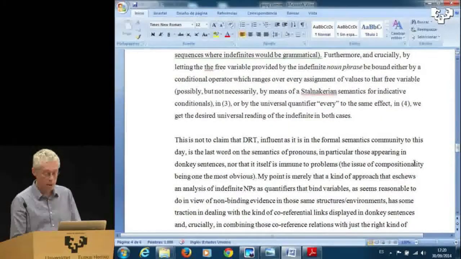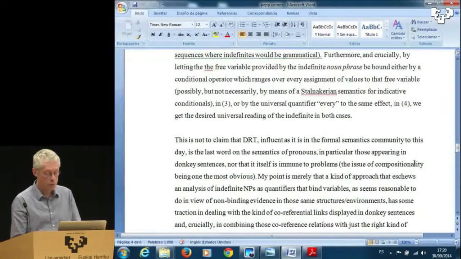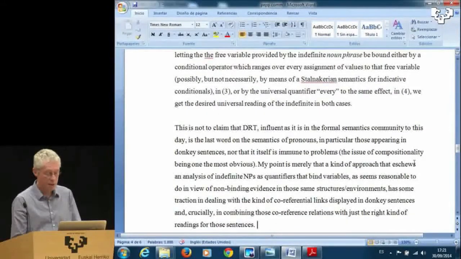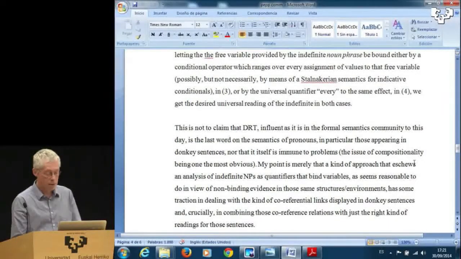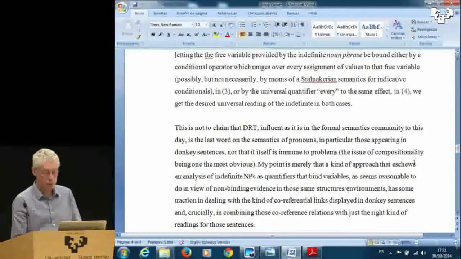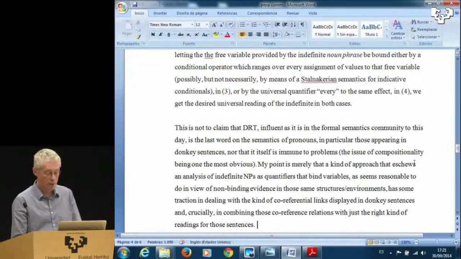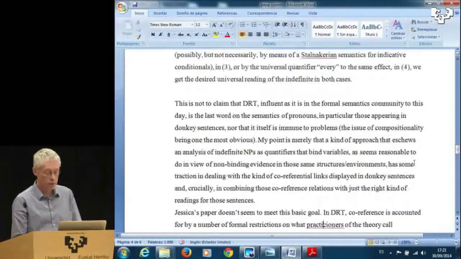My point is merely that the kind of approach that eschews an analysis of indefinite NPs as quantifiers that bind variables, as seems reasonable to do in view of non-binding evidence in those same environments, has some traction in dealing with the kind of co-referential links displayed in donkey sentences, and, crucially, in combining those co-reference relations with just the right kind of readings for those sentences.